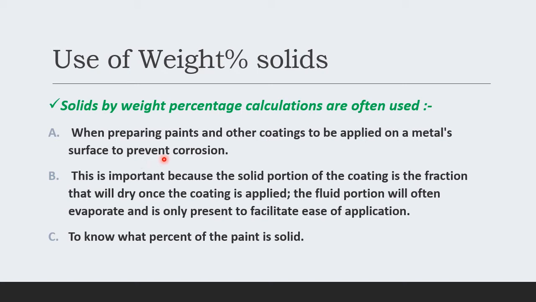If you do not have the proper solids, meaning the proper amount of pigment, extenders or resins, that is a problem, because pigments and extenders like TiO2 and iron oxide play a very important role in preventing corrosion, as does your resin system. For primer we generally use epoxy resin. Epoxy has very good properties for salt resistance, corrosion resistance and chemical resistance, and it has very good adhesion. So it's very important to know what amount of resin, pigments and extenders are available in the coating.